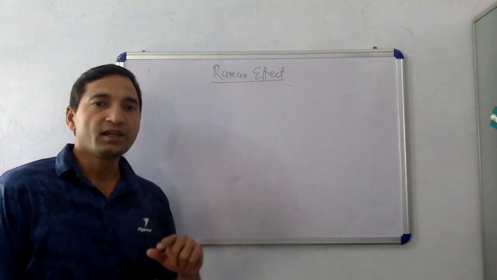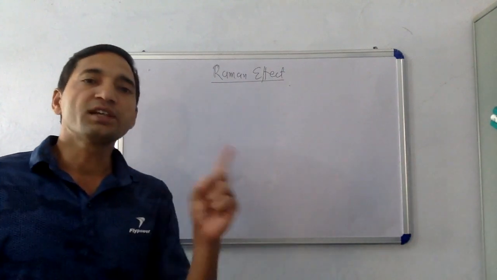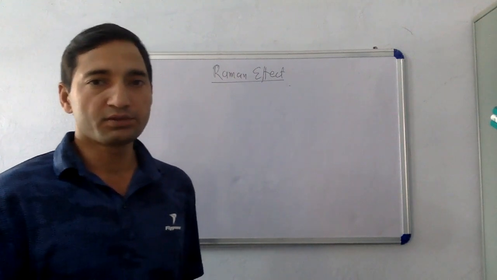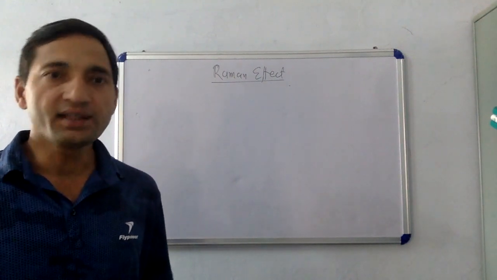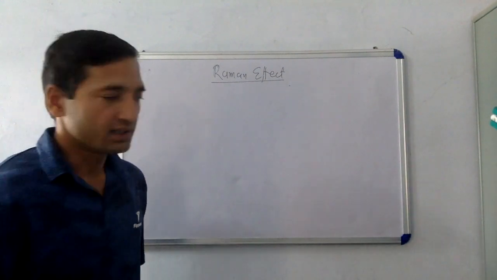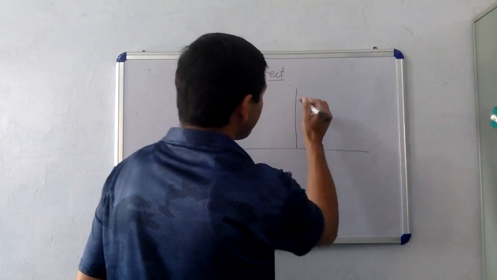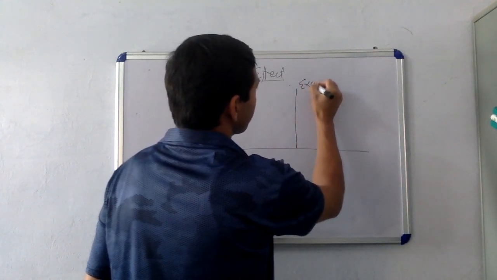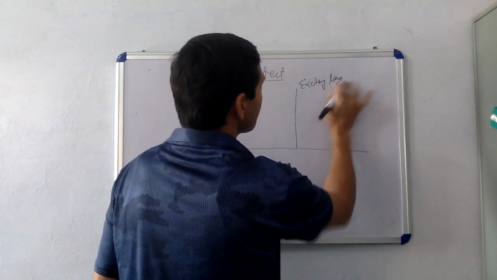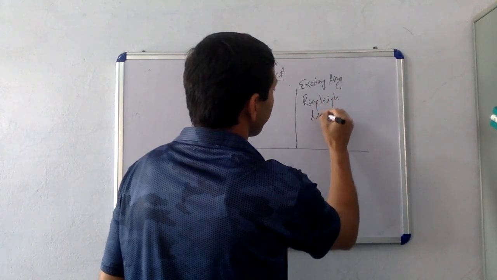On the other hand, you also get two other, very weak lines on both sides: one with a lesser frequency or lesser wave number with respect to the exciting line, and one with a higher frequency or higher wave number than the exciting frequency. Suppose this is my exciting line, and this is my Rayleigh line.